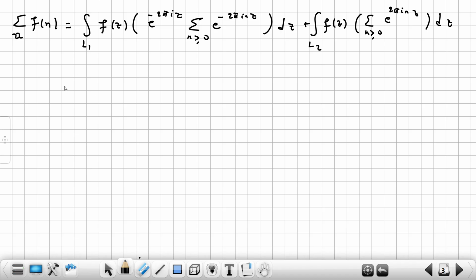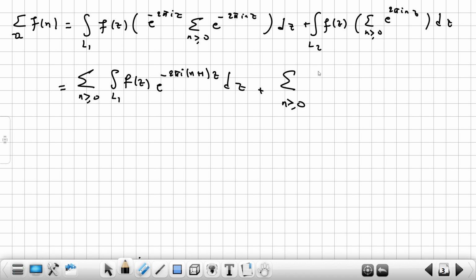So this is equal to the summation over n greater than or equal to 0 of the integrals over L1 of f of z e to the power minus 2 pi i (n plus 1) z dz, plus the summation from n starting from 0 to infinity of the integrals over L2 of f of z e to the power 2 pi i n z dz.